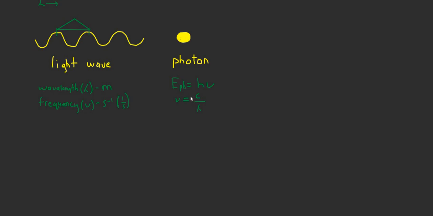And that way we can substitute, and this is often how you'll see it, you'll often see frequency substituted with speed of light over wavelength. So you're very likely to run into this equation for the energy of a photon written in both of these ways, both as h nu and hc over lambda. You'll see it written both ways.